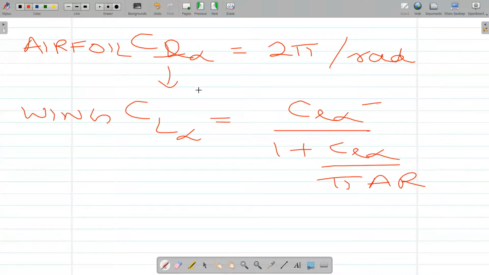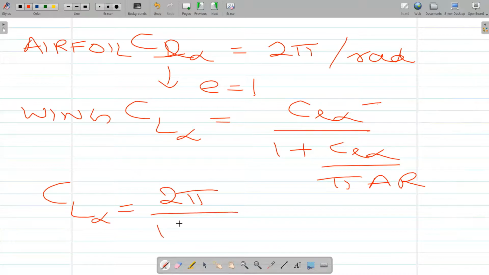So our Oswald efficiency factor e is basically equal to 1. So for an elliptical wing, to find the lift curve slope for the wing coming from the airfoil, you just need to use CL alpha for the airfoil divided by 1 plus CL alpha for the airfoil by pi AR. So doing that, CL alpha is 2 pi divided by 1 plus 2 pi divided by pi times aspect ratio 7.